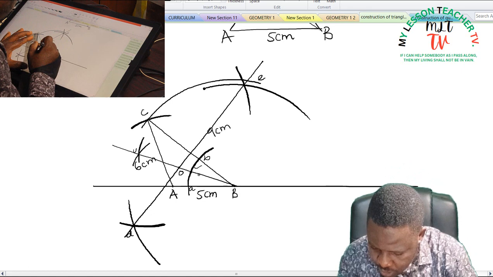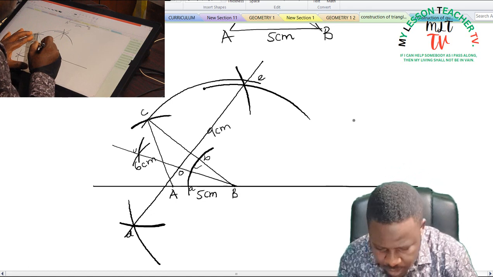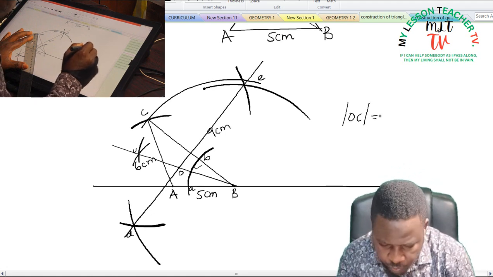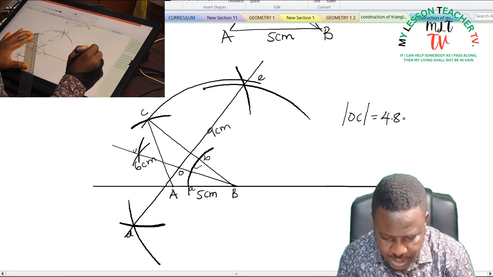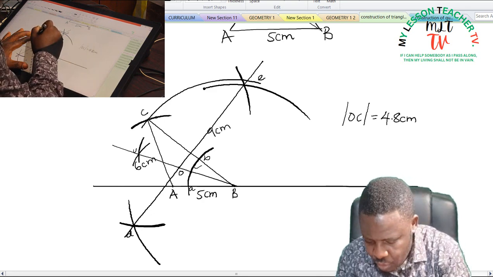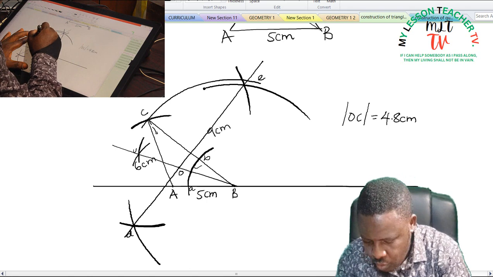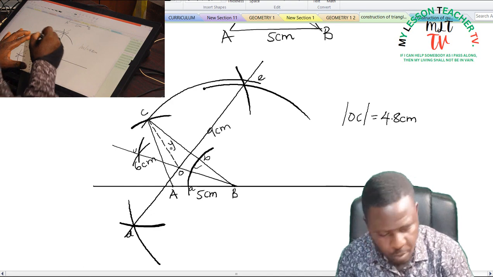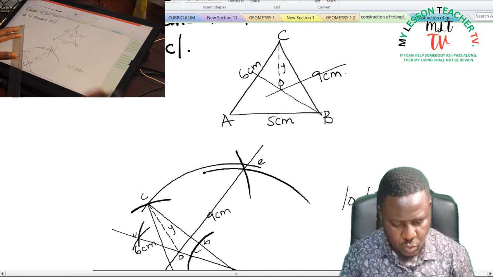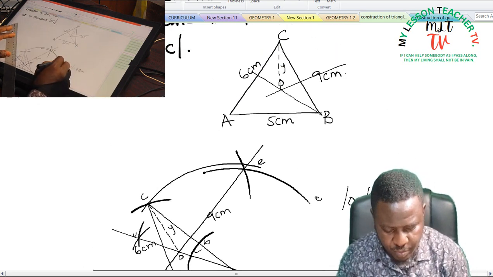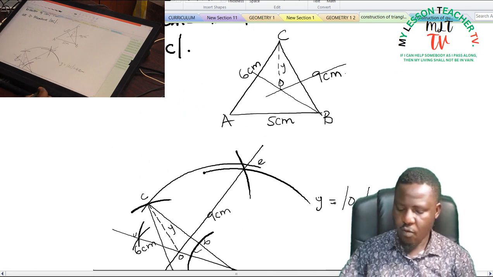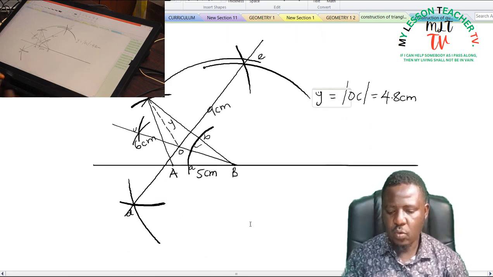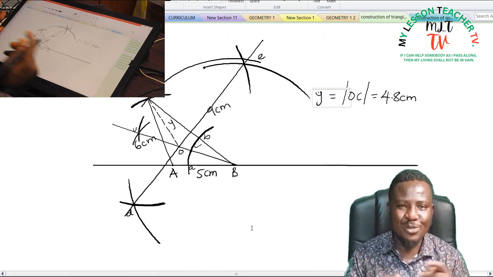And my OC is said to be equal to 4.8 centimeters. So let me use broken lines to indicate that. And from our sketch, that is point Y. So our OC, which is Y, is equal to 4.8 centimeters. So this is the required triangle you are asked to construct.